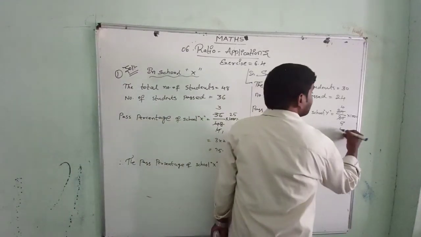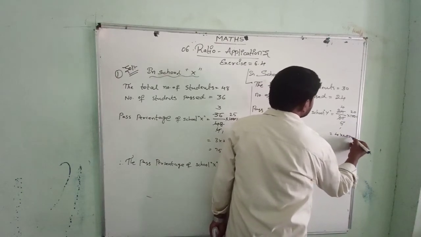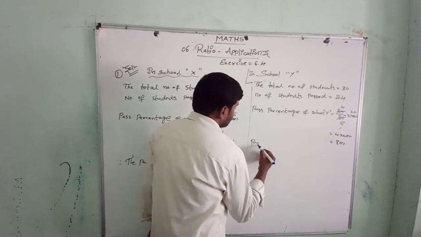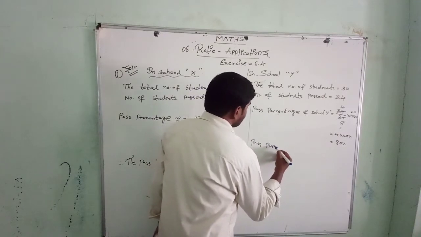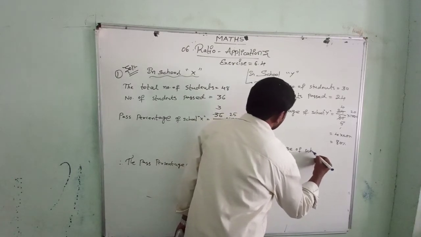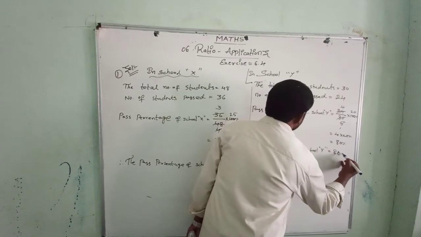Then here 5 1s are 5, 5 20s are 100. That means 4 into 20%, that equals 80%. The pass percentage of school Y equals 80%.